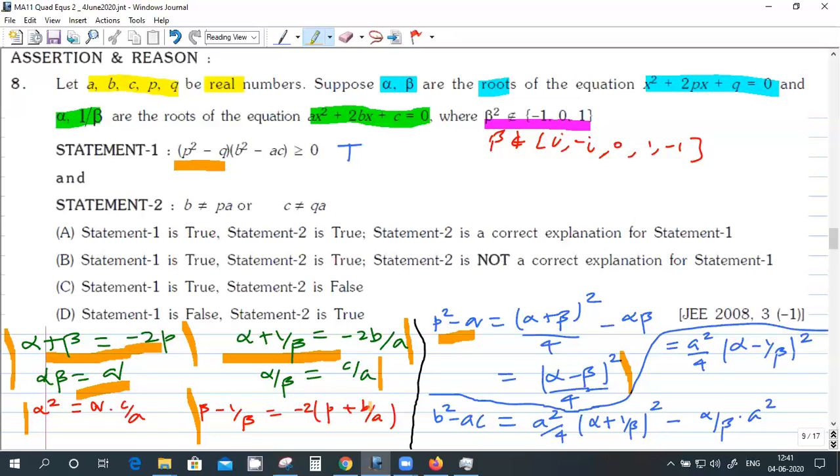So ac will become some a square, because c is something into a.